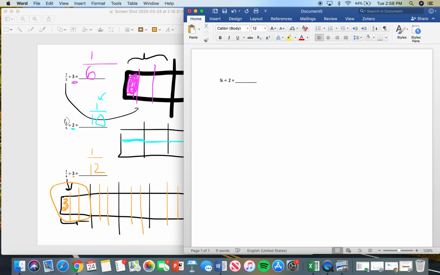Please figure that one out and post your answer in our Google Classroom.